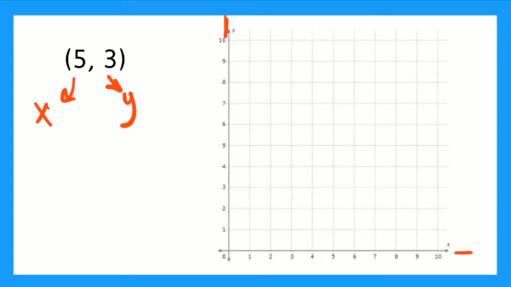To plot the ordered pair 5, 3, we have to find 5 on the x-axis to start. So from my origin point here, I'm going to move 5 on my x-axis. That's right here. And then I'm going to move 3 on my y-axis. So back at my origin, I go up to 3. Now it's where those points meet.